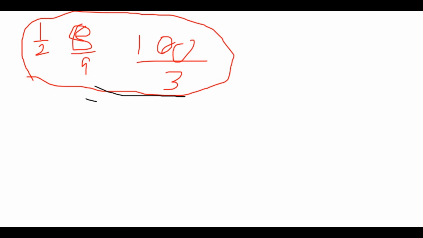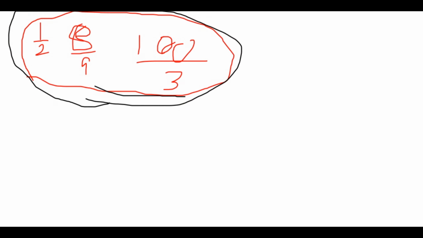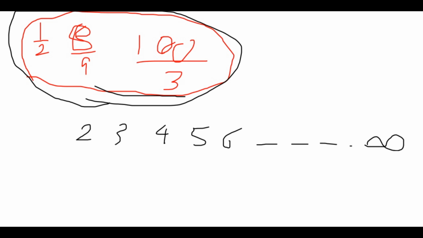So for this particular topic, I said when you hear the word fraction, most people will consider what I have here. But aside from this, other examples of fractions include 2, 3, 4, 5, 6, and all the way to infinity.